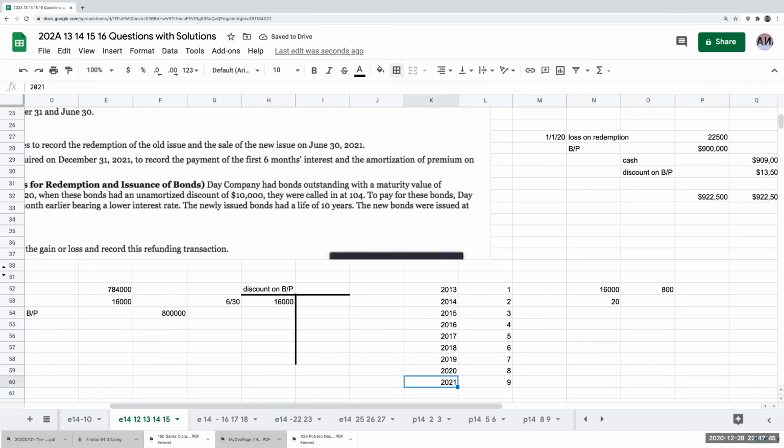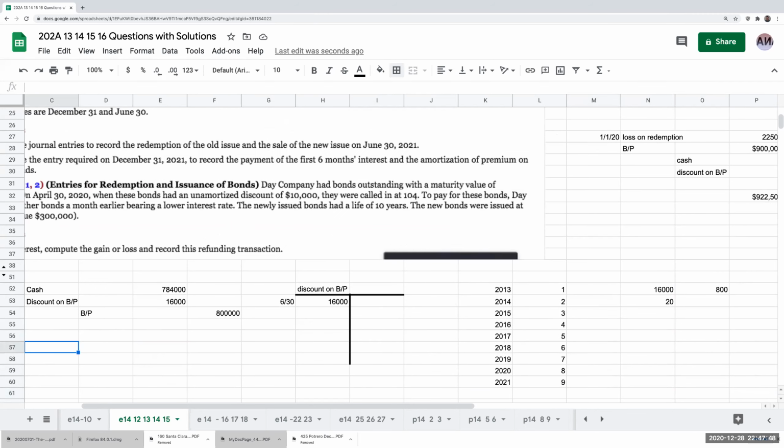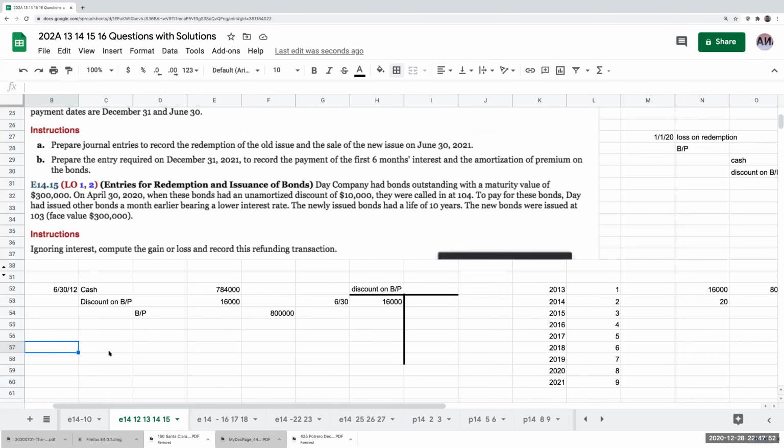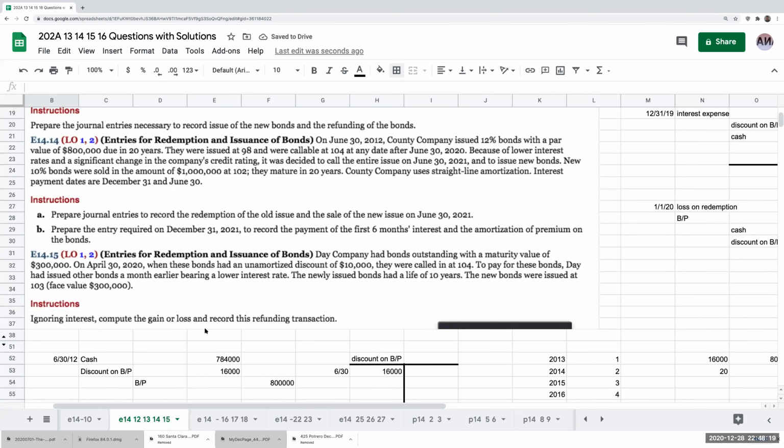Whenever interest is being paid on this, at 12%, every single year I'm debiting interest expense, crediting discount on bonds payable for $800 because I'm amortizing it, and then I'm crediting cash, which is the face value times the interest rate. So this is what I'm going to be doing every single year.